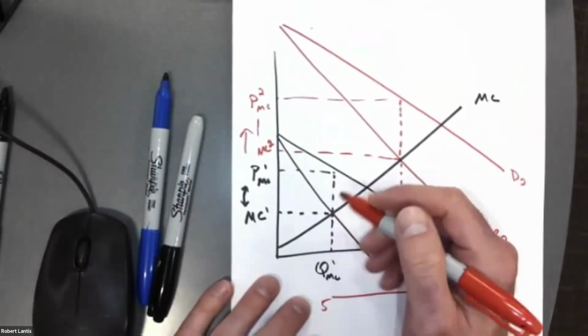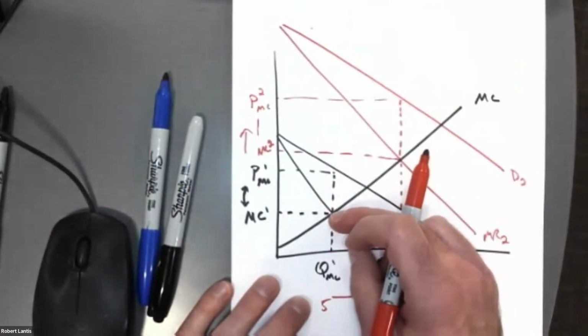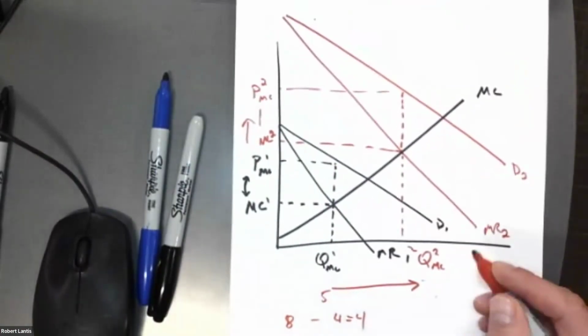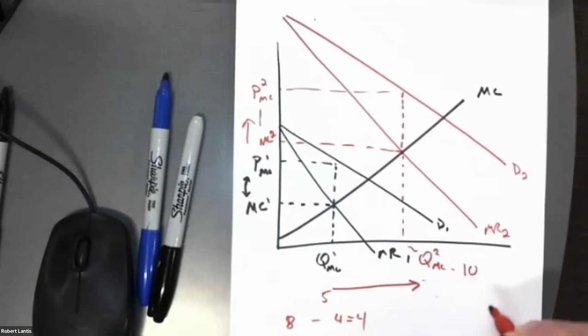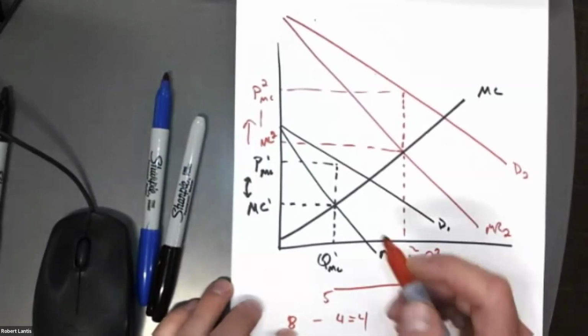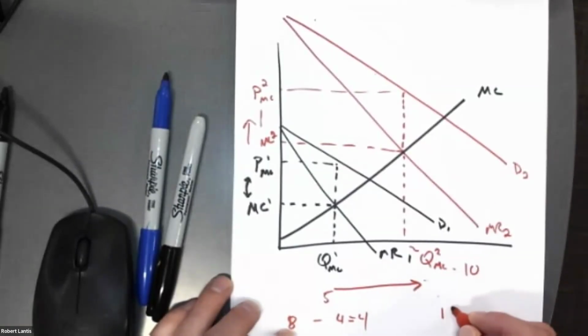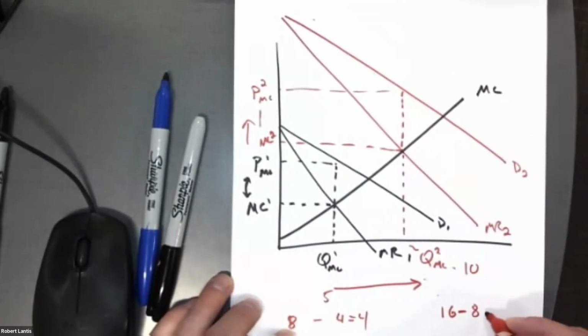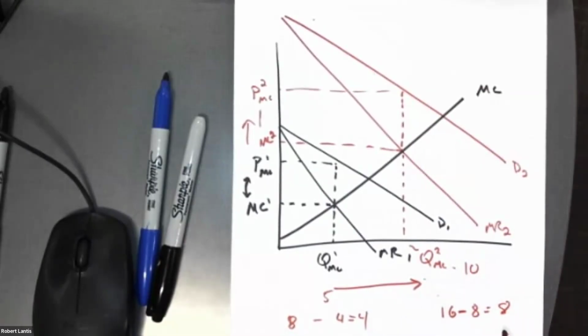Price and marginal cost, well, this is twice as steep. So maybe price would be something like 8, marginal cost would be 4, my markup there would be 4. However, if I'm looking at a higher quantity, like out at 10, now at a higher quantity, that resulting price might be something like 16. Half of that, since marginal revenue is twice as steep, would be 8.